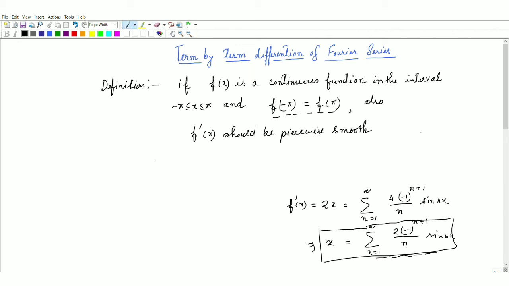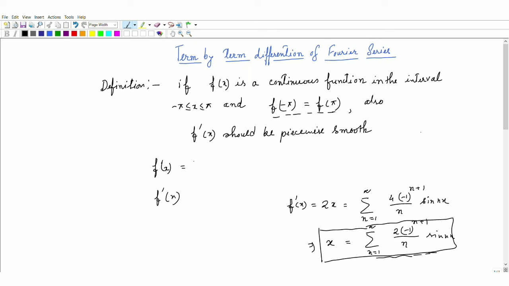Then we can obtain the Fourier series of this function, definitely, and we can also obtain the Fourier series of f dash x.